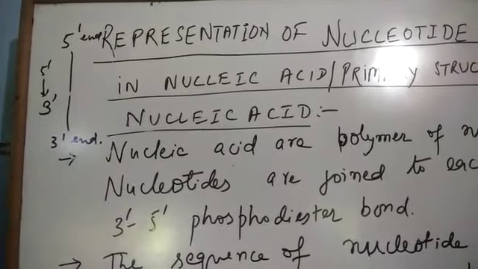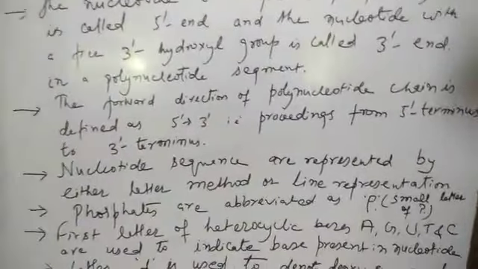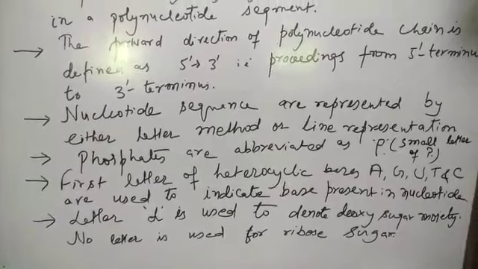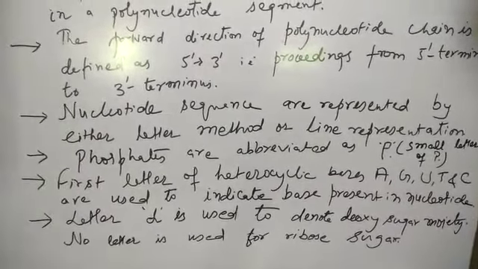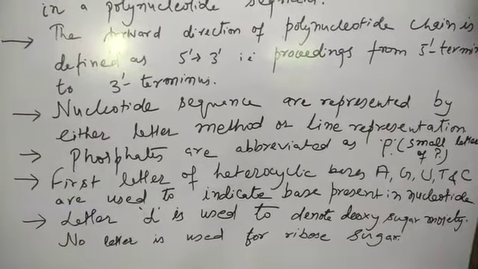Okay. Now what it says further is that the nucleotide sequence can be represented by the letter method or the line representation. Some books have written line representation as feature projection, but I am not sure.